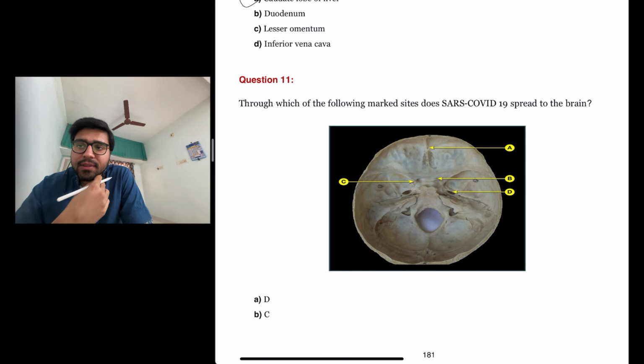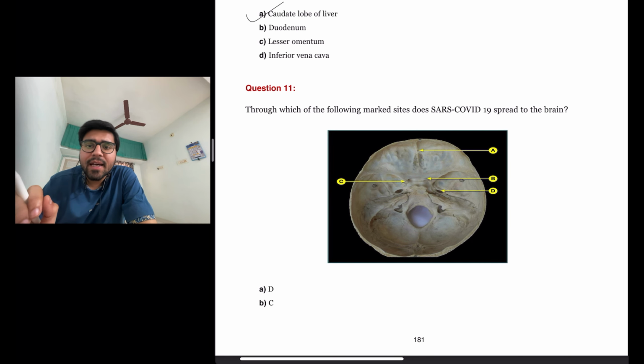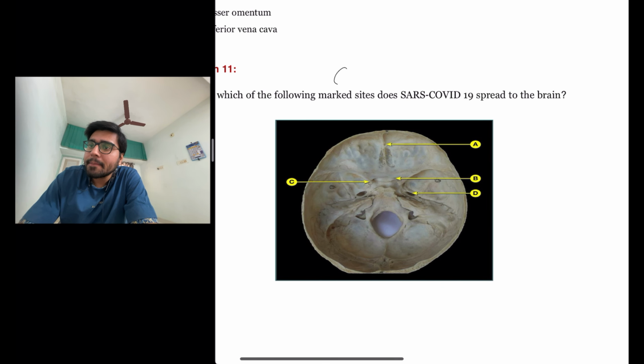The next question is: through which of the following marked sites does SARS-CoV-2 spread to the brain? So infection of SARS-CoV-2 happens through the cribriform plate of the skull bone.